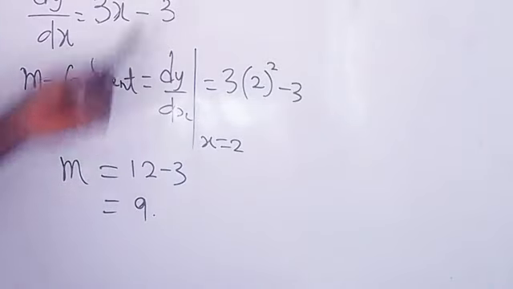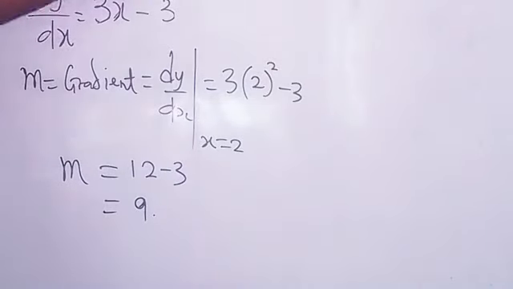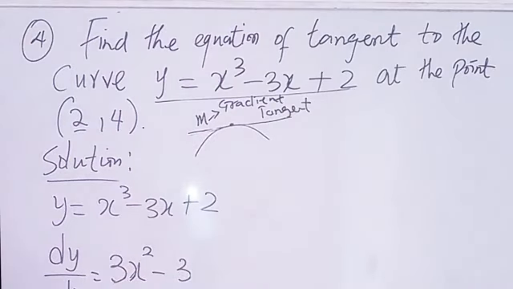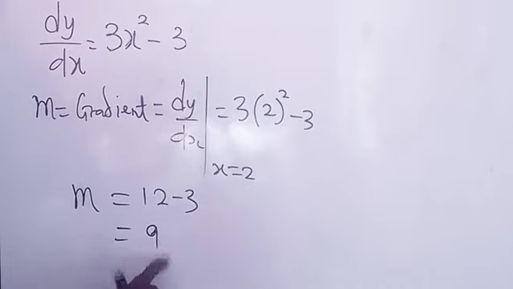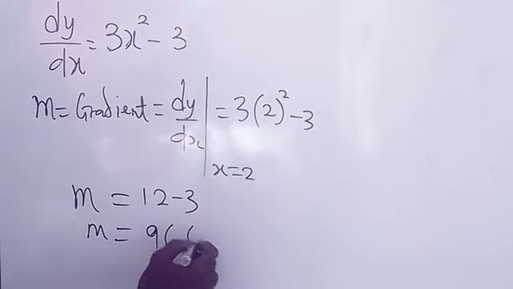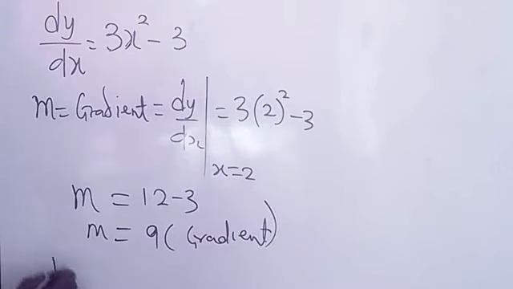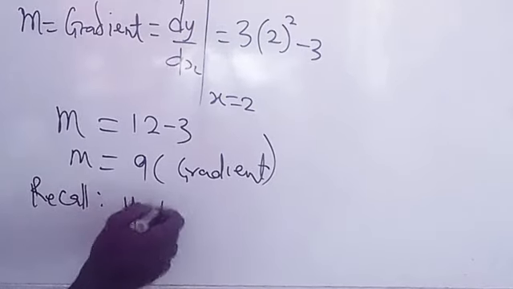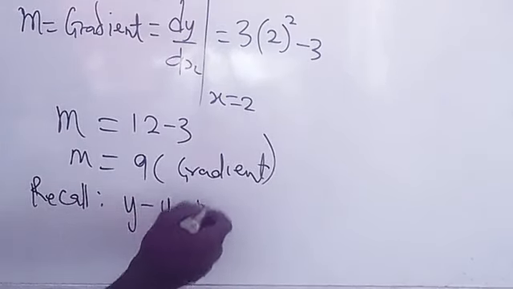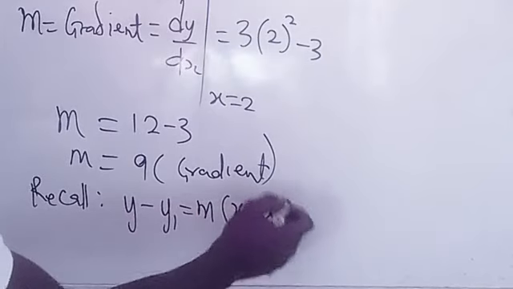We're not going to stop here. We are looking for the equation of a tangent. So now, since we have 9, which is m, the gradient, recall that the equation of tangent takes the form y minus y1 equals m times (x minus x1).